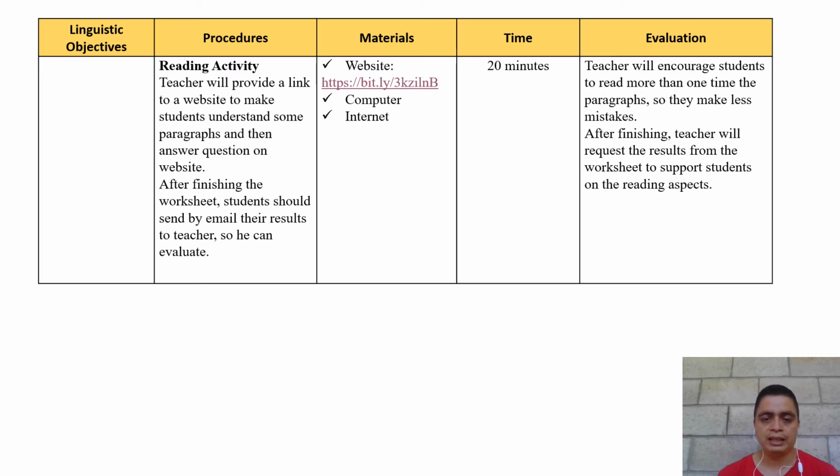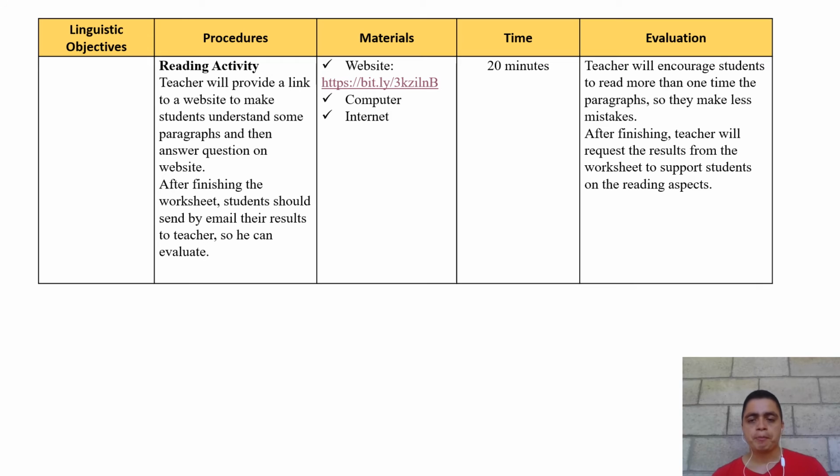So I have the website here, and it's a very nice website to do some practice. There is a worksheet. We will need a computer and internet because we cannot do it without internet. We have 20 minutes to do that. And the teacher, as evaluation, will encourage the students to read the paragraphs more than one time so they make fewer mistakes.